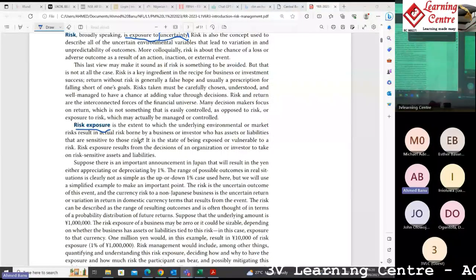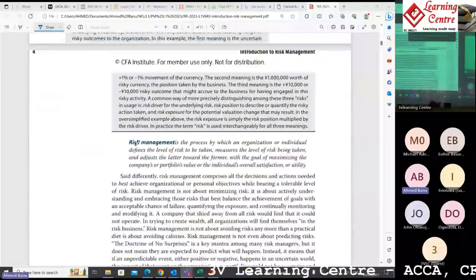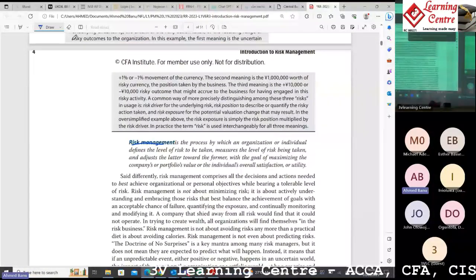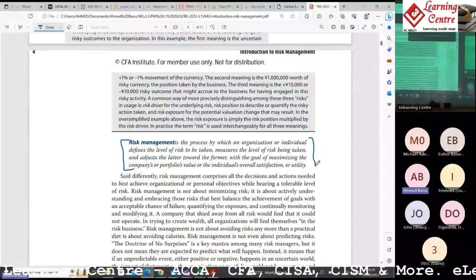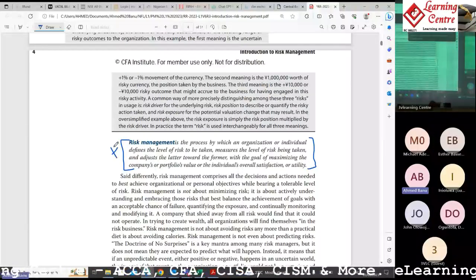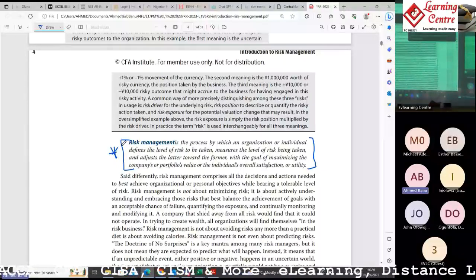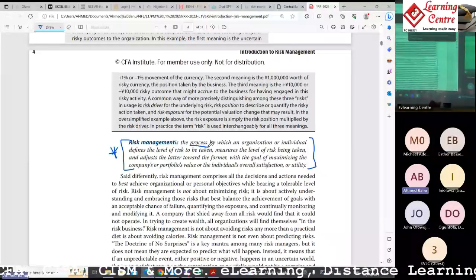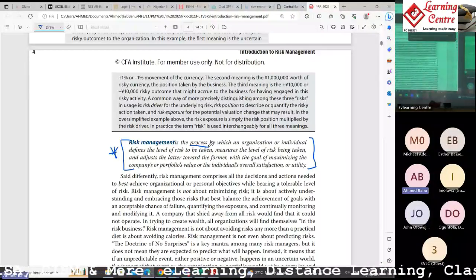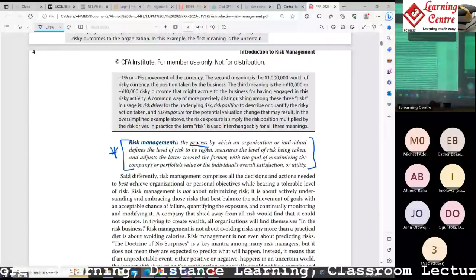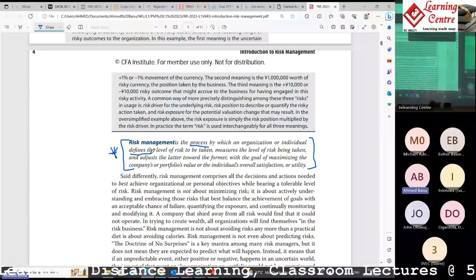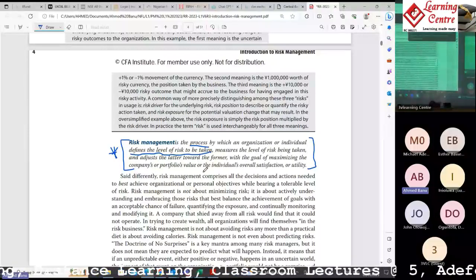Okay, moving on. Now, I like this definition a lot. Every time I see this definition, I'm always happy, because this definition is the true definition of risk management. Risk management is the process. Keyword, process. It is the process by which an organization or individual defines, you define your level of risk that you want to take.